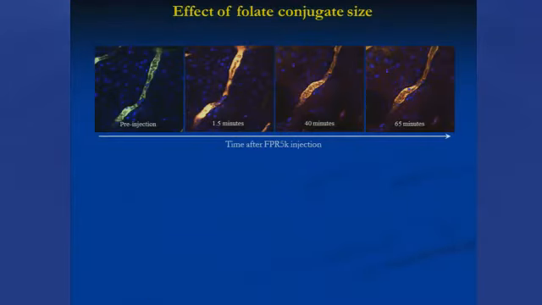And if we just show some still shots of a different blood vessel where we've injected in the tail vein of a mouse folate PEG 5000 rhodamine, you can see that very little accumulates by 65 minutes, where we have a 5,000 molecular weight PEG in between folate and rhodamine.